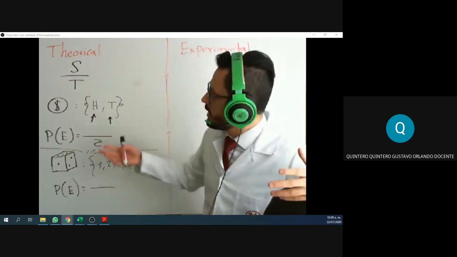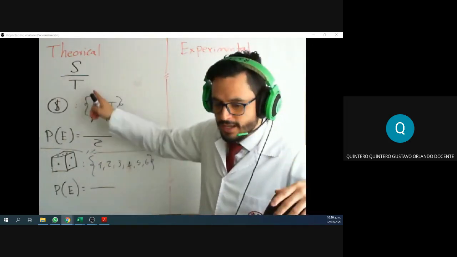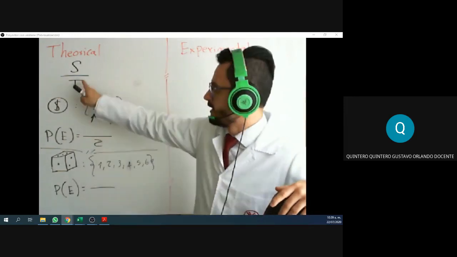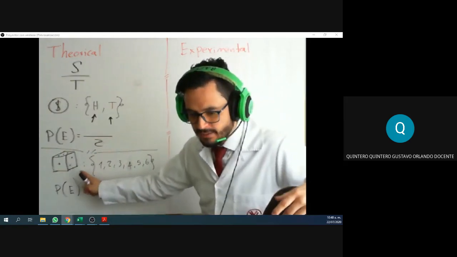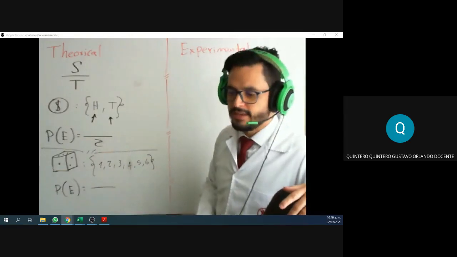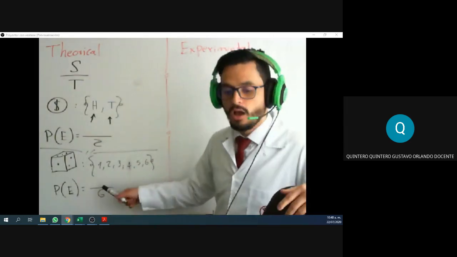But I just want to focus our attention on the idea behind the totals, right? In this example, we had 2 possibilities. That is our total of possibilities, 2. In this case, this experiment, tossing a dice, has 6 possibilities. That is the total of possibilities. So whatever the probability will be something over 6.